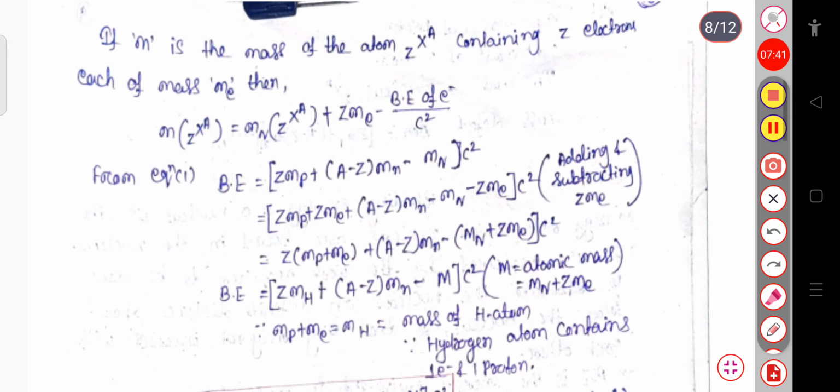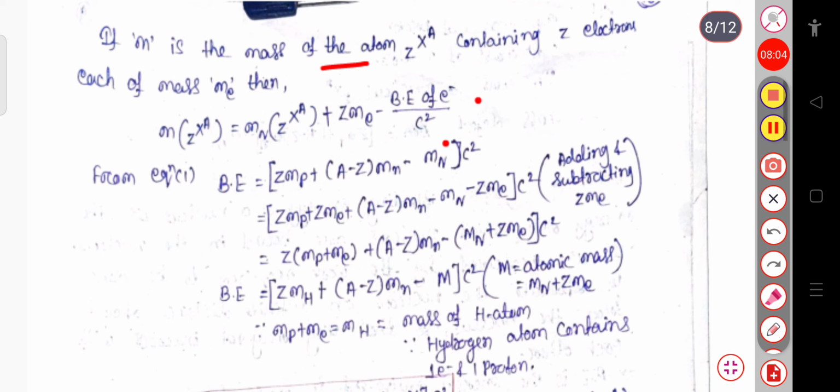Now, if m is the mass of the atom, ZXA, containing Z electrons each of mass Me, then the mass of the atom equals the mass of the nucleus of ZXA plus Zme minus the binding energy of the electrons divided by c².